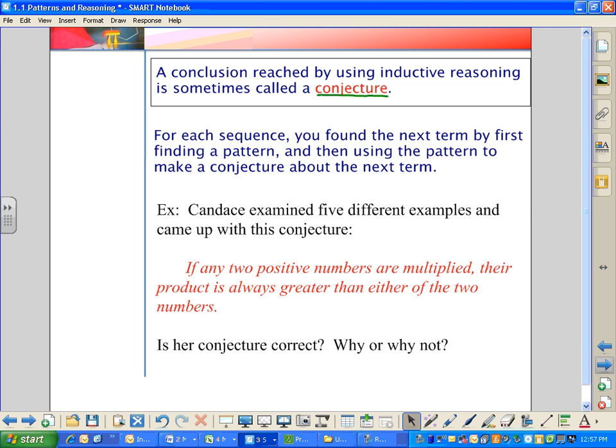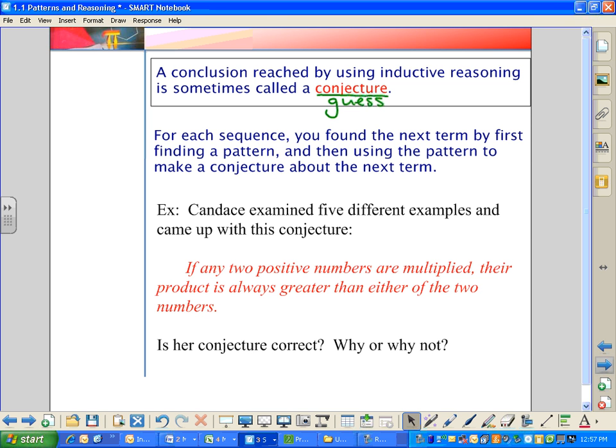So a conjecture is kind of like a conclusion or a guess. It's not just any old guess, though. It's not like saying, hey, guess what number I'm thinking of. That's not really a conjecture. It usually has to be based off of something that we've already looked at, based off a pattern that we've seen. So let's take a look at an example.